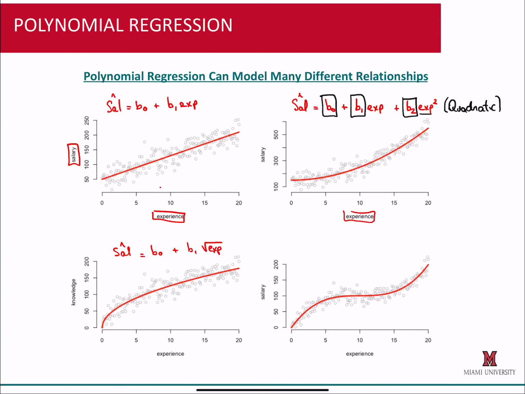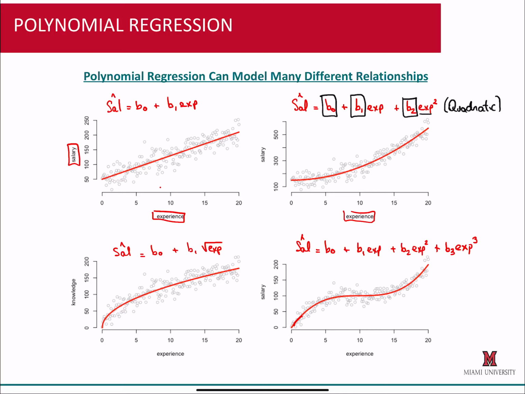A relationship of experience and salary that behaves like this might be modeled by something that includes the shift piece here, the quadratic trend, but also adding an extra term to model the cubic expression here. That would be a cubic term.